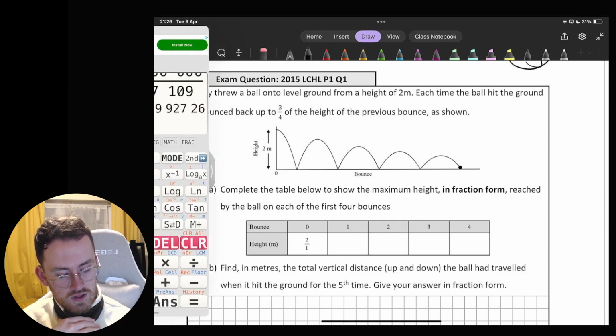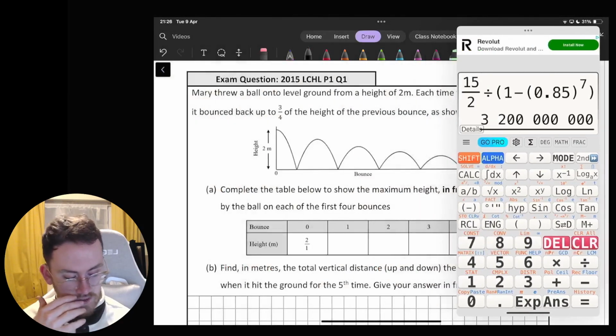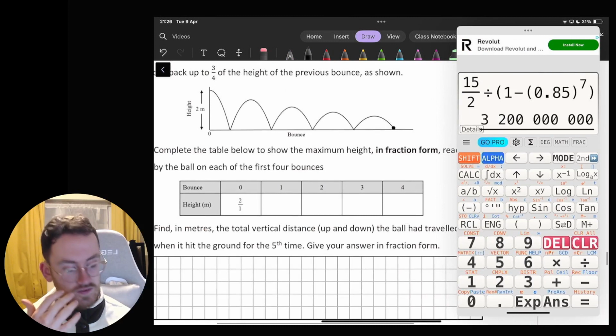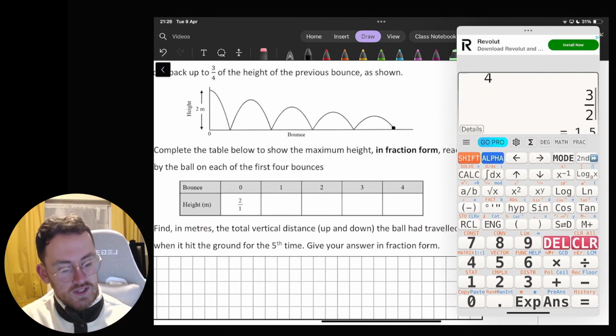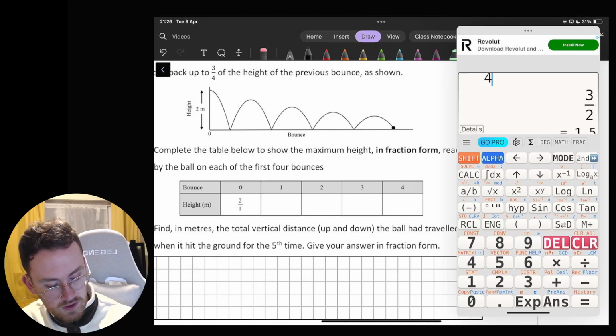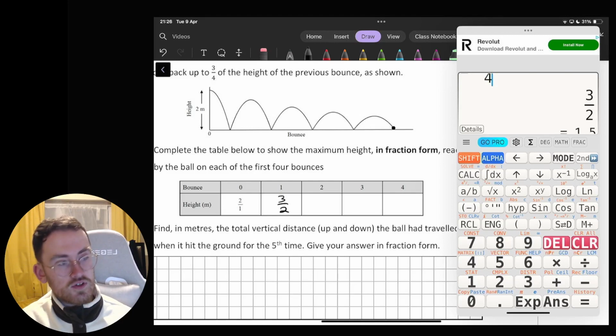bounces. So on the initial zeroth bounce, if you like, it has a height of 2. After the first bounce, it's reduced to 3/4 of its height, so it comes to 3/2.